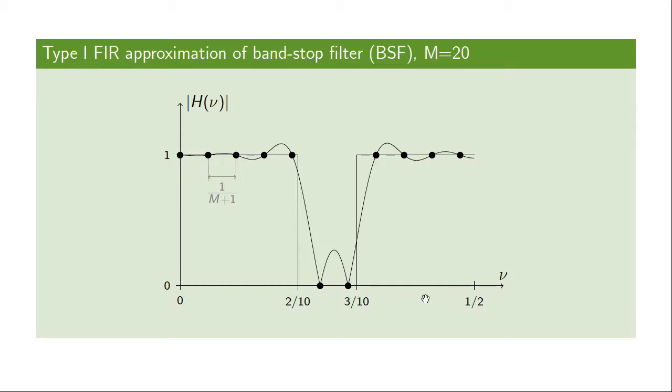We've only shown the sample points up to a normalized frequency of 1 over 2. Since we're dealing with a real valued filter, the discrete time Fourier transform would be symmetric. So another set of frequency sample points would be given by this set of frequency sample points within this range. But these are the points that we are free to choose.